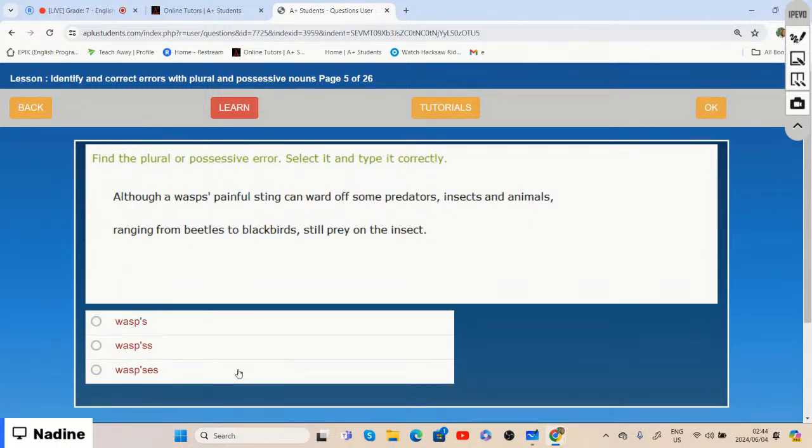Okay, it says although a wasp's painful sting can ward off some predators, insects, and animals, ranging from beetles to blackbirds, still prey on the insects. So we say although a wasp's painful sting can ward off some predators, insects, and animals, ranging from beetles to blackbirds, they still prey on insects.